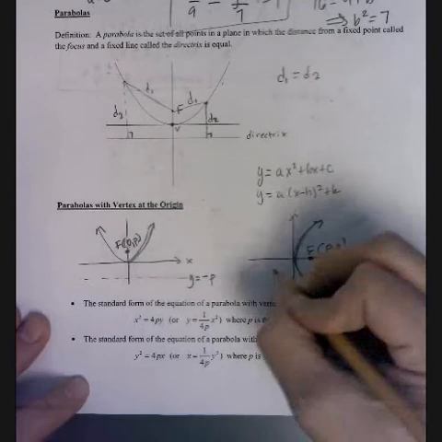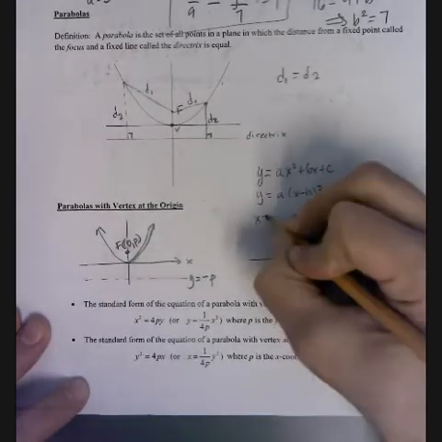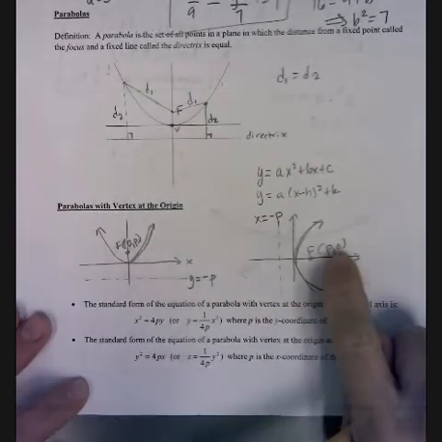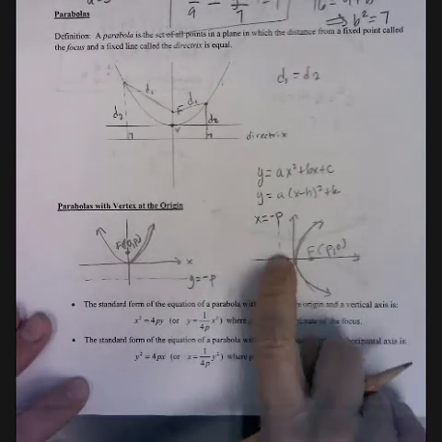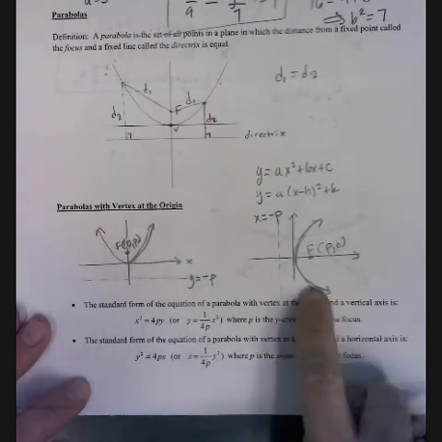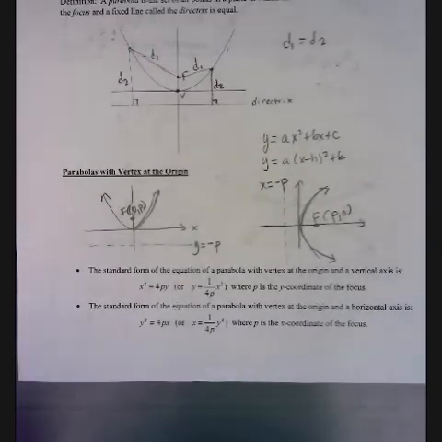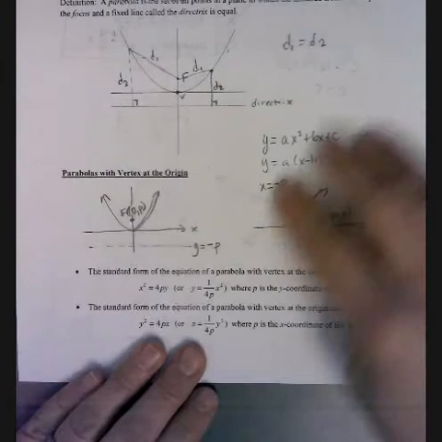And then the directrix is vertical instead of horizontal, and this would be x equals negative p. Again, if the focus is over here, then this would be negative p, 0, and x equals p would be over here.